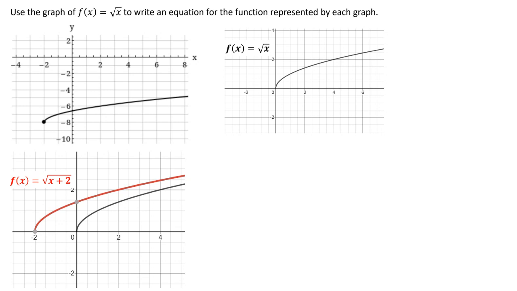Because I am doing something physically to my x, I know that this graph is going to shift 2 units to the left. And now why to the left if it's a positive 2? Remember, think of trying to solve for the x-intercept. If you want to solve for the x-intercept, you set this equation equal to 0, you have to take the square root of both sides and you have to move that 2 to the other side, which is going to make it into a negative 2. So hence, that's why this graph is shifting 2 units to the left.